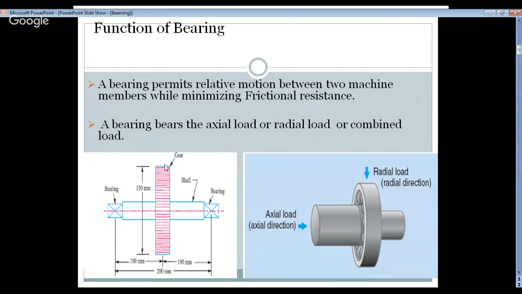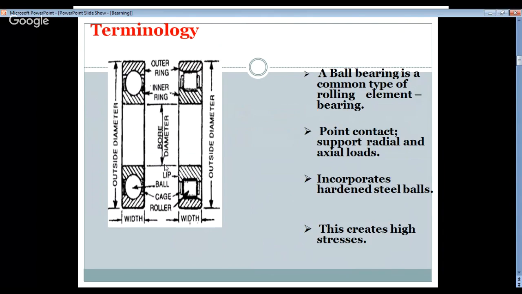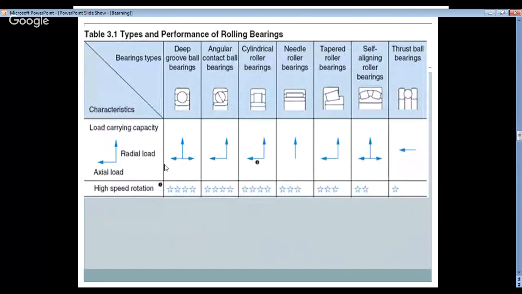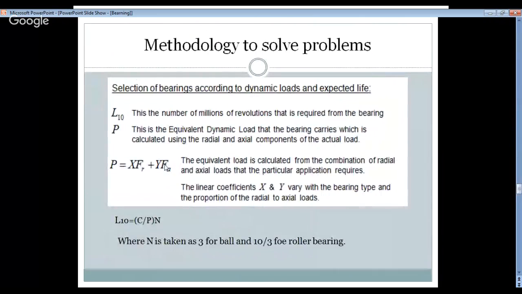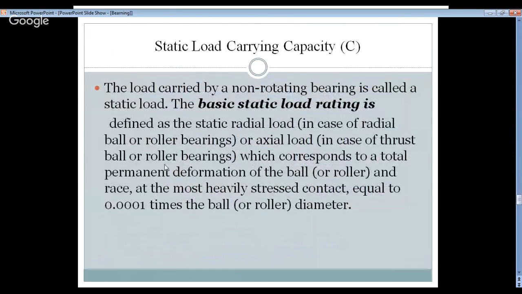At this stress level, the stress generated is of contact type. At this stress, strain will develop and deformation will occur. The deformation should not be greater than 0.0001 times the ball or roller diameter. If it is greater than this value, the bearing is assumed to have failed.